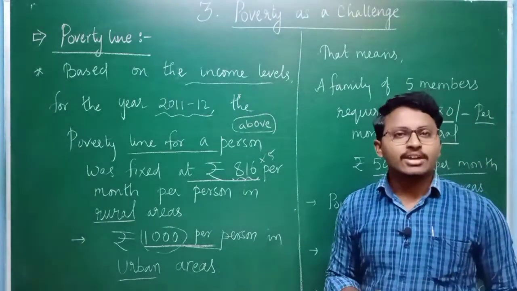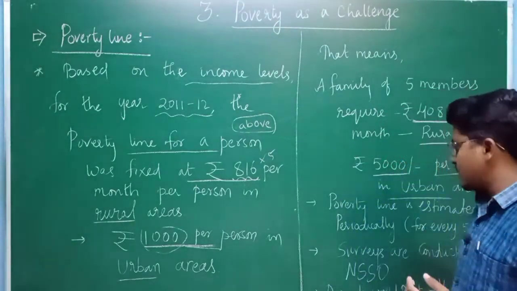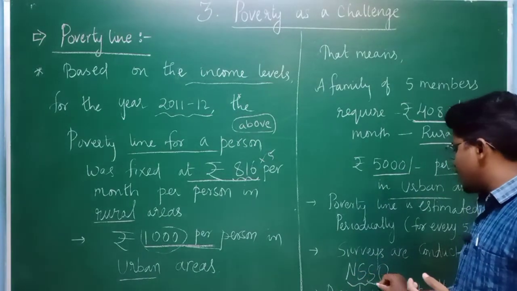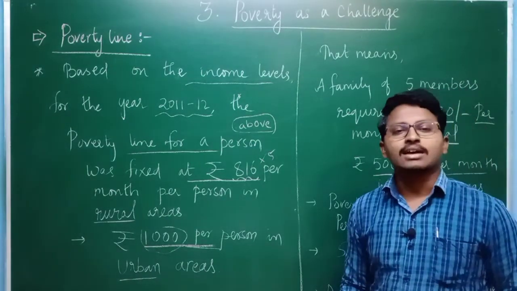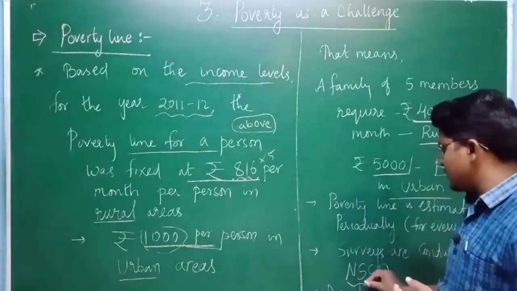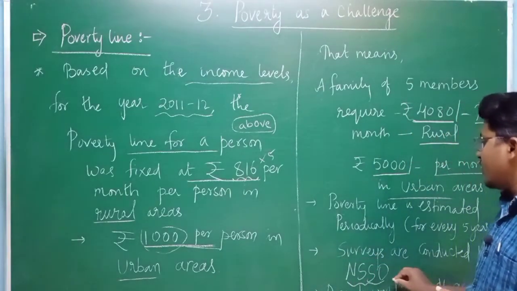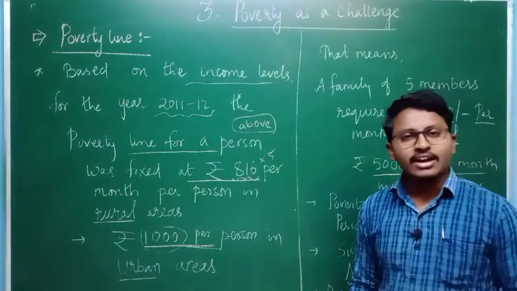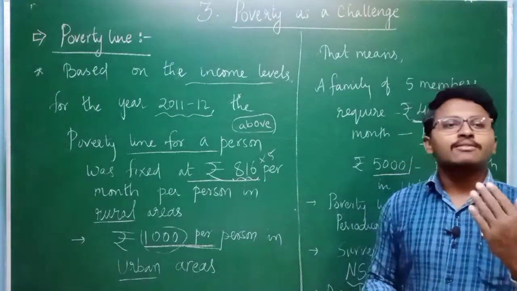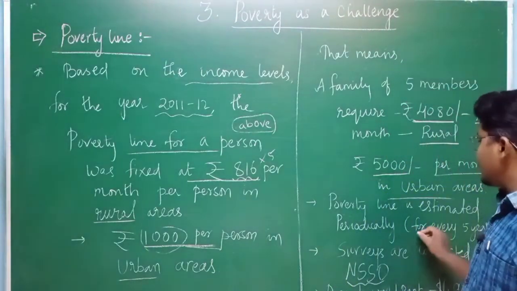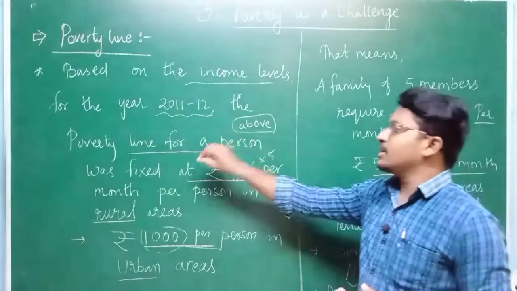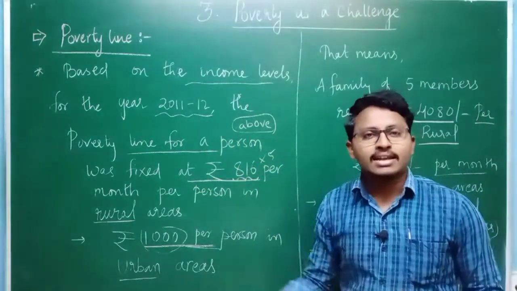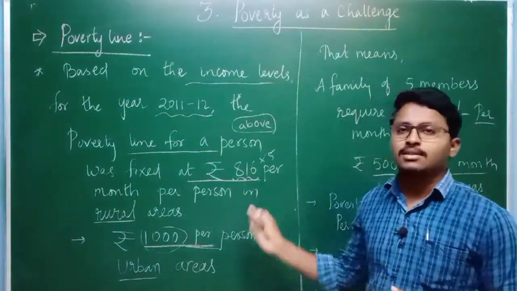Poverty is calculated by an organization by doing surveys, and this organization is the National Sample Survey Organization. Every 5 years this organization will estimate the poverty, and at the same time revise the income requirements as well as calorie requirements in order to measure poverty.